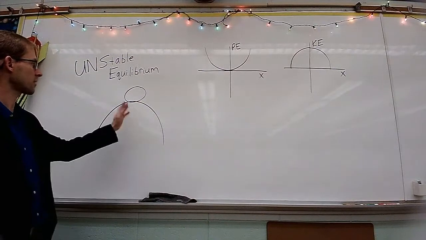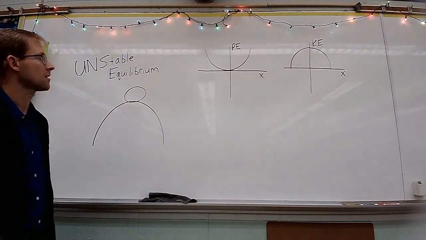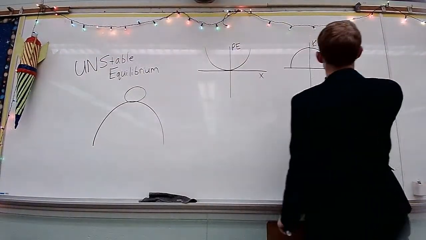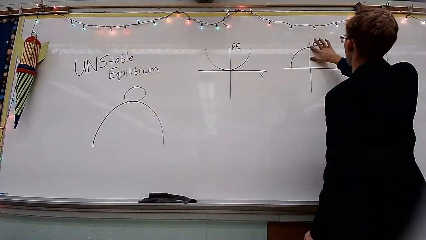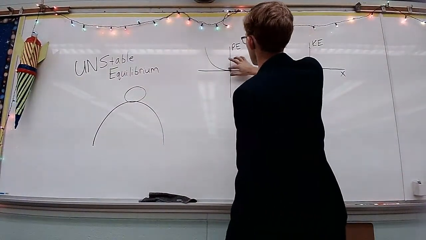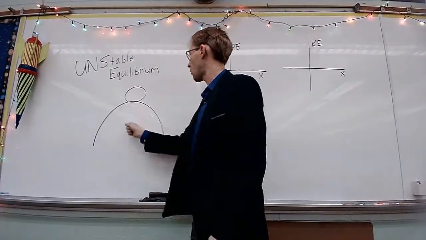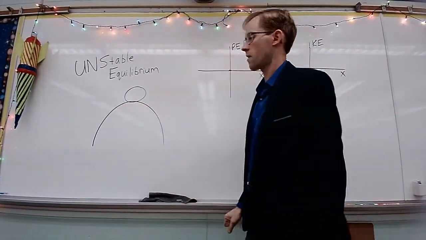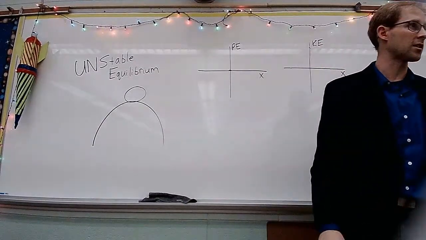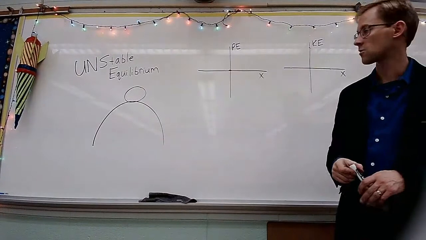It's unstable because if you nick it one way or the other, it's just going to fall down that hill. So let's just fix our energy diagrams here, because this will be different. So at the middle point here, we have ourselves a load of potential energy, because it is as high as it's going to be off the ground in that position.